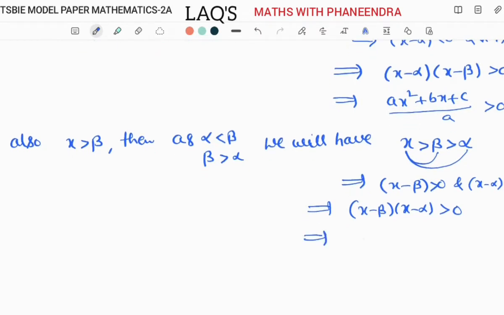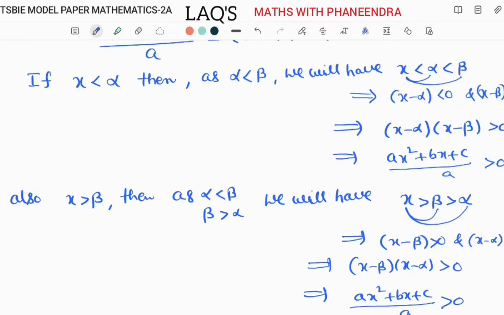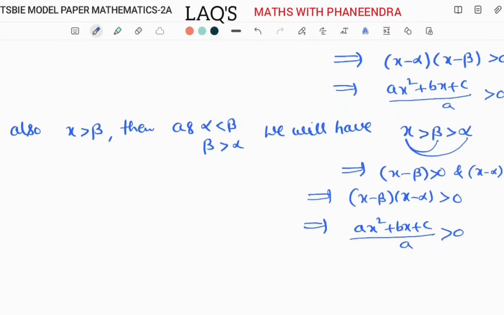Again, ax square plus bx plus c by a is greater than 0. In these two cases, when x is less than alpha and alpha is less than beta, and also x is greater than beta, beta is greater than alpha, in both the cases the expression and a are having the same sign. Therefore, conclusion step.